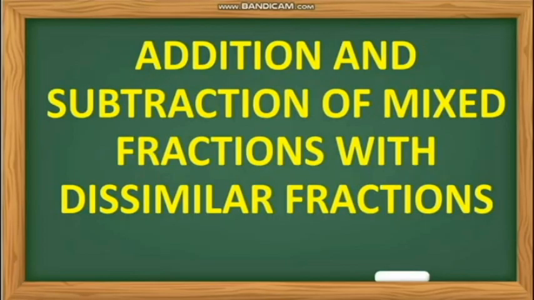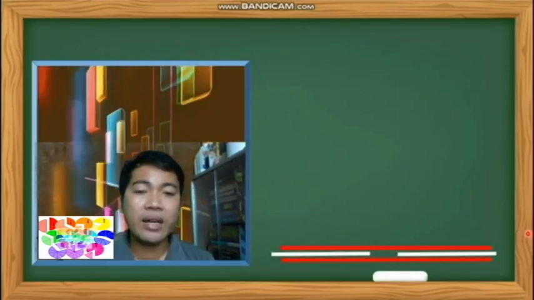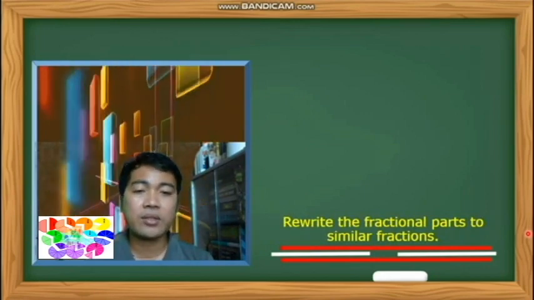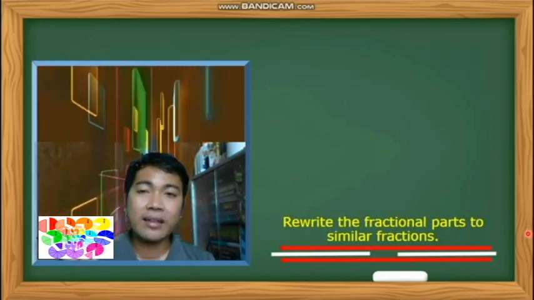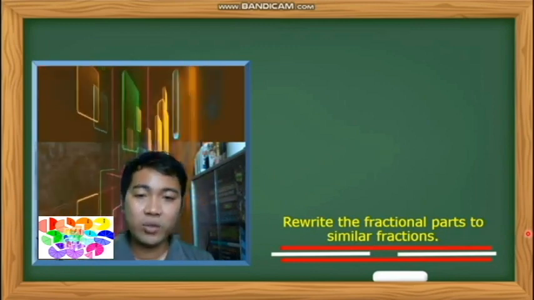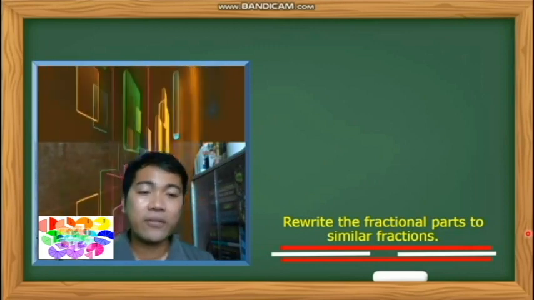So the first rule in adding dissimilar fractions is to rewrite the fractional parts to similar fractions, meaning to change dissimilar fractions into similar fractions.